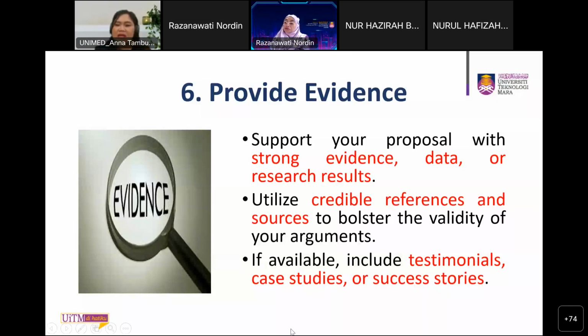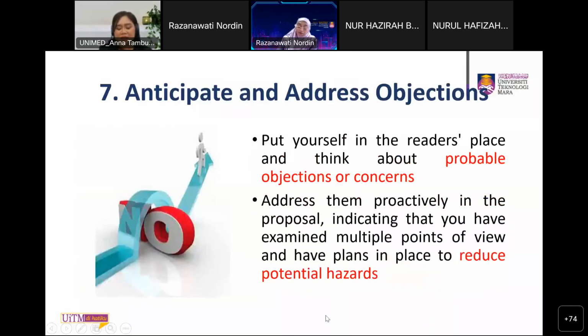Now, the next one is anticipate and address objections. Put yourself in the shoes of the audience and anticipate potential objections or concerns. So you can address them proactively within the proposal, demonstrating that you have considered various perspectives and have strategies to mitigate potential risks.